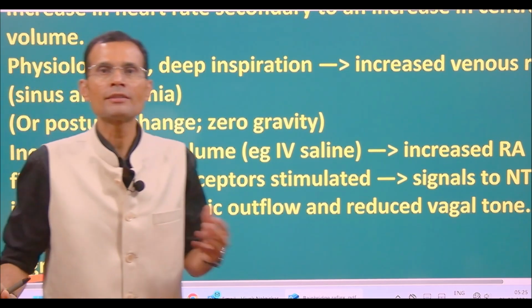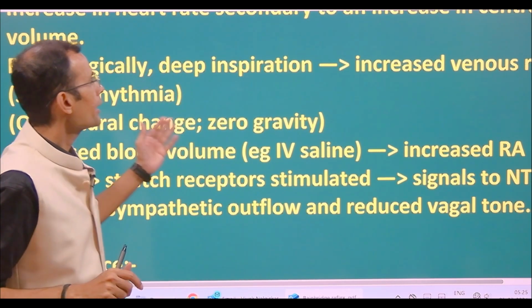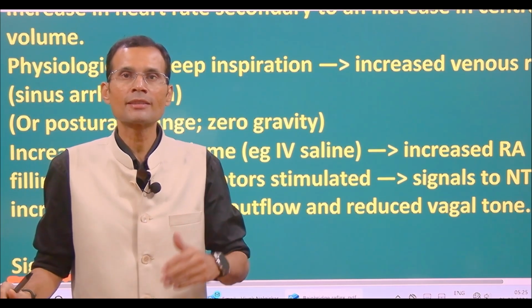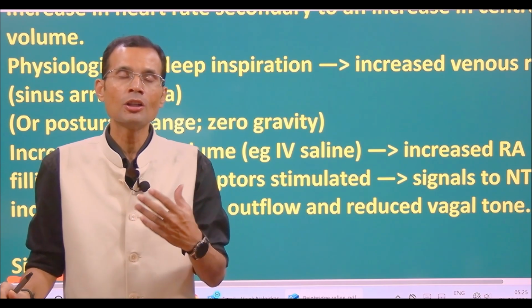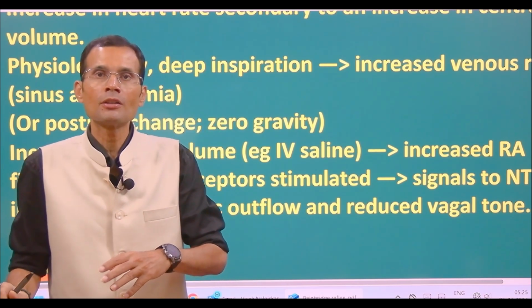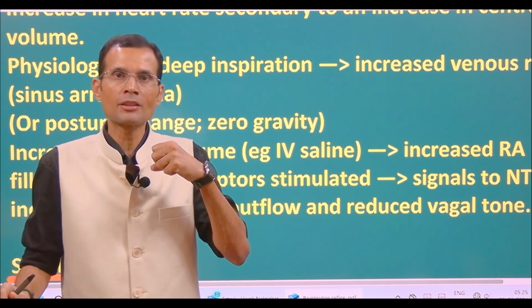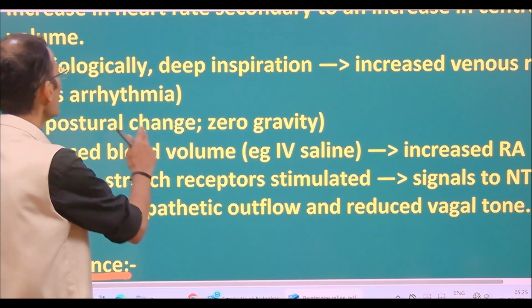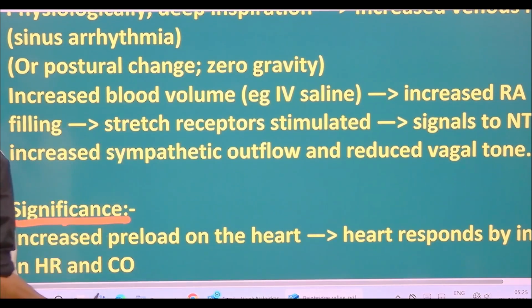Physiologically, when does that happen? Deep and forceful inspiration. It results in sinus arrhythmia, or sinus tachycardia, or rather sinus arrhythmia. More blood volume is sucked towards the right side of the heart with deep forceful inspiration. It will trigger the Bainbridge reflex.